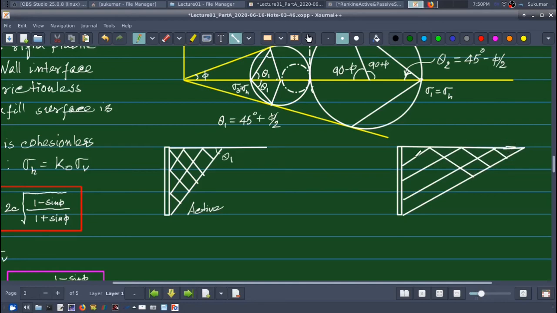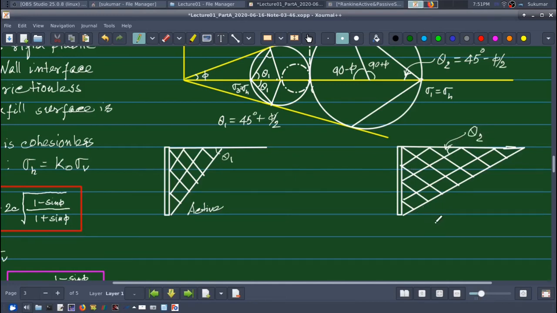Alright, and so when the whole mass fails, these angles are my theta 2.